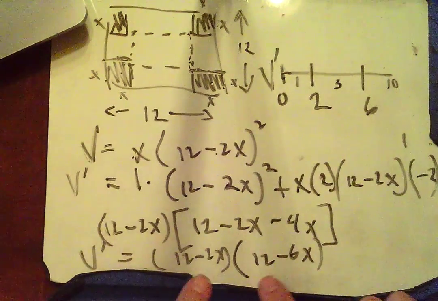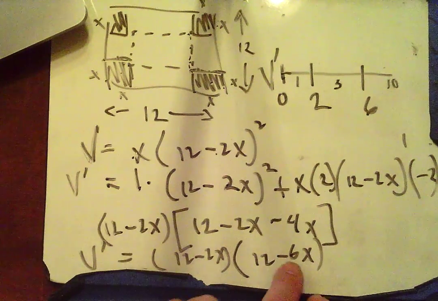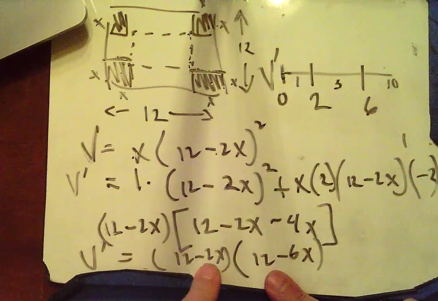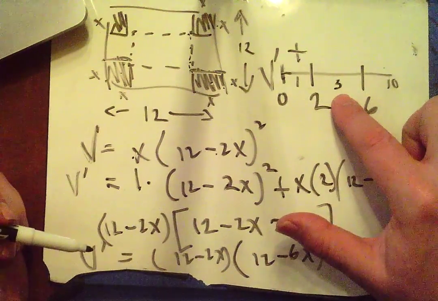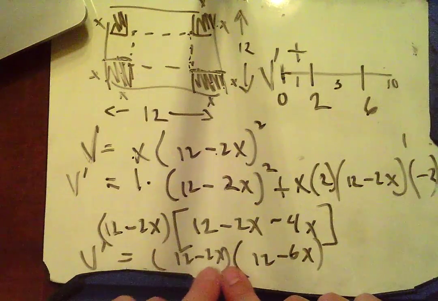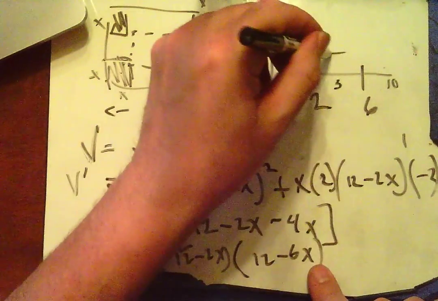Okay, so if I plug in a 1 here, I get 12 minus 2 and 12 minus 6. Positive times positive is positive. If I plug in a 3, I've got 12 minus 6 is positive. 3. 12 minus 18 is negative. Negative times positive is negative.